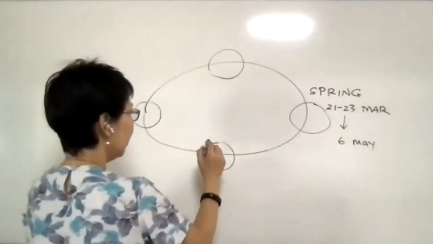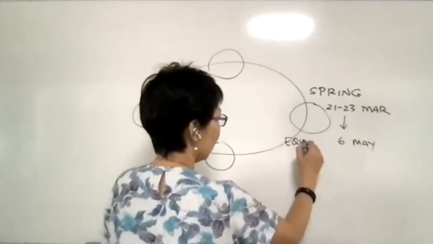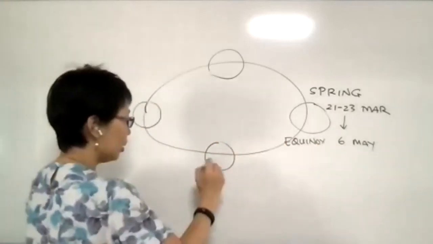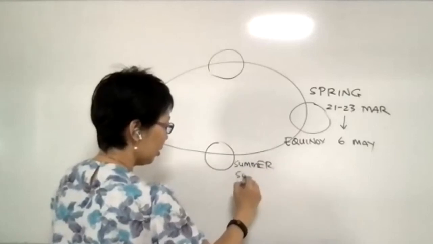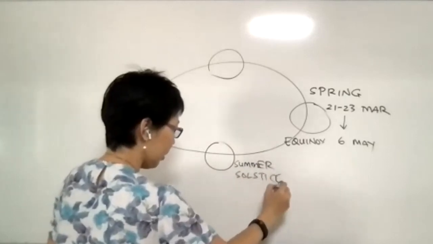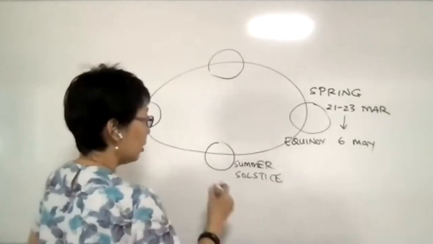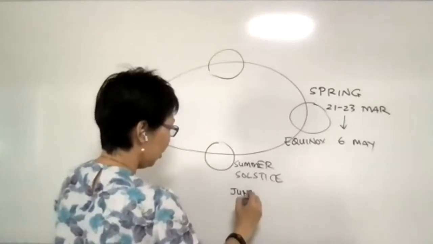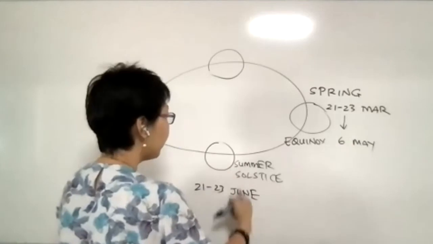Then over here is the spring equinox. After the spring equinox comes the summer solstice. This is in June, either the 21st to 23rd, somewhere here.